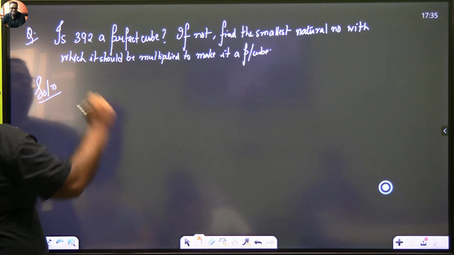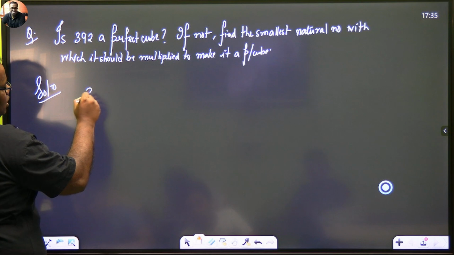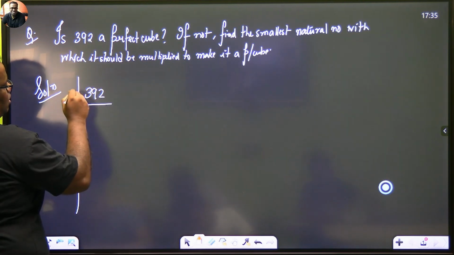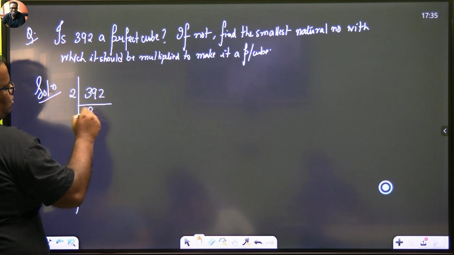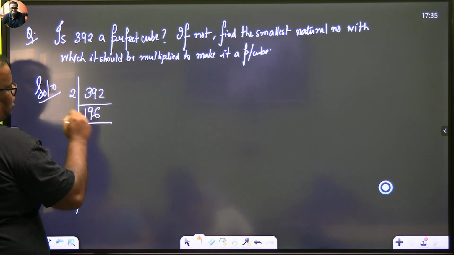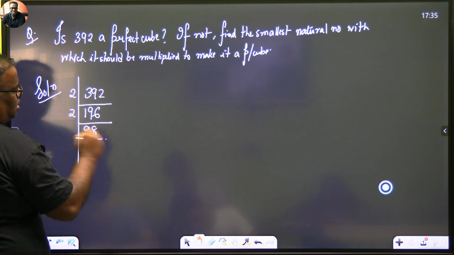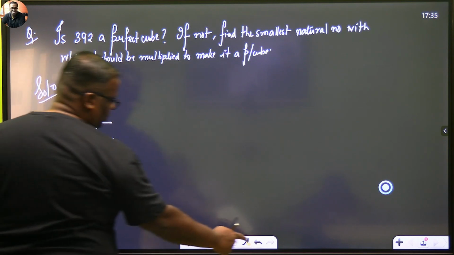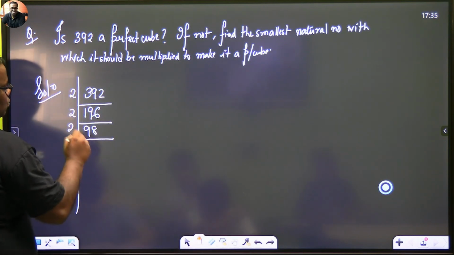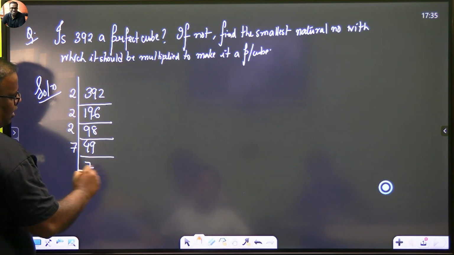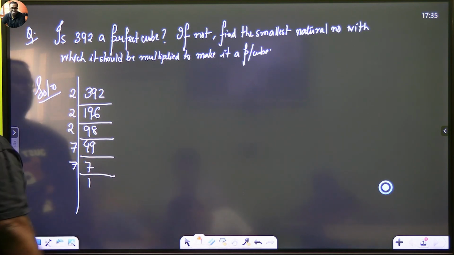Our first step is to perform the prime factorization of 392. It's an even number, so we start with 2. 2 times 196, 2 times 98, 2 times 49. Then 7 times 7 is 49.